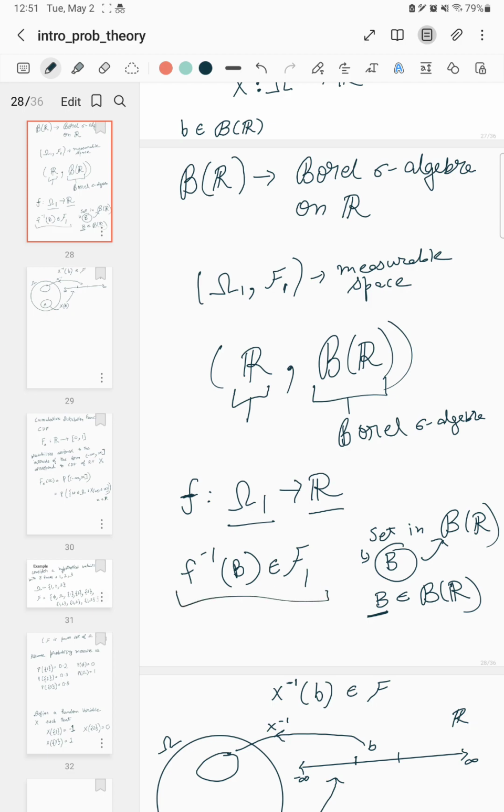For a visual representation of this, we can see something like this.